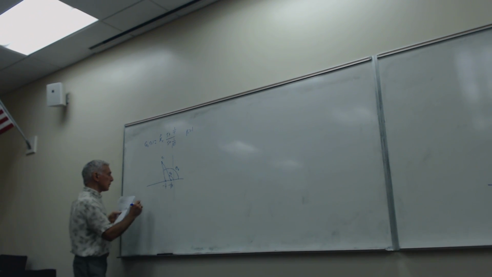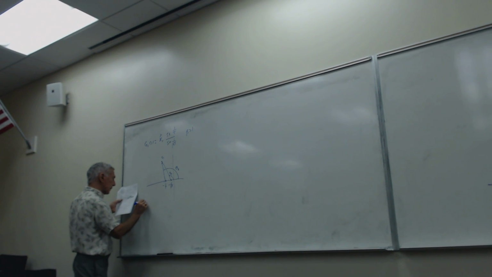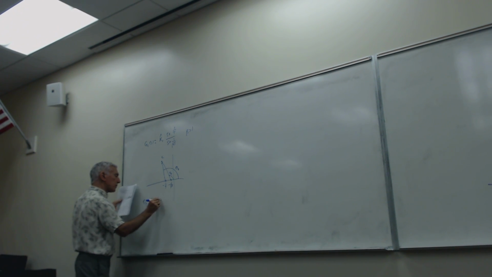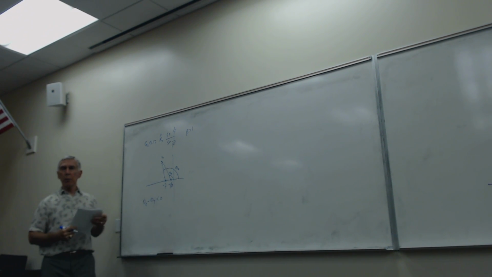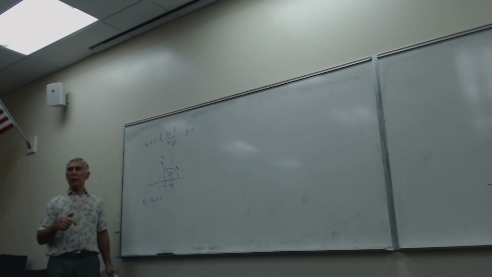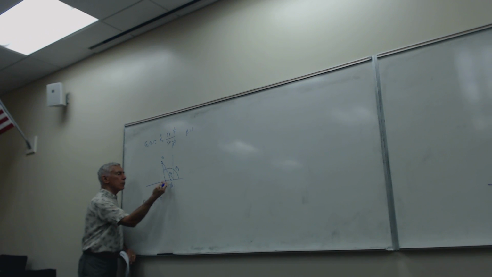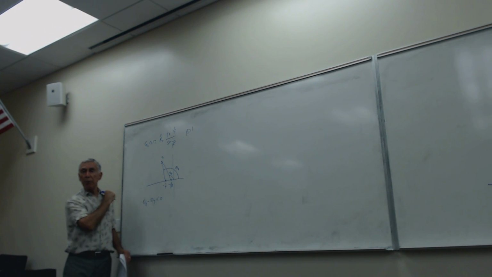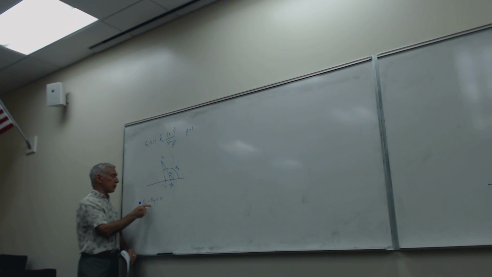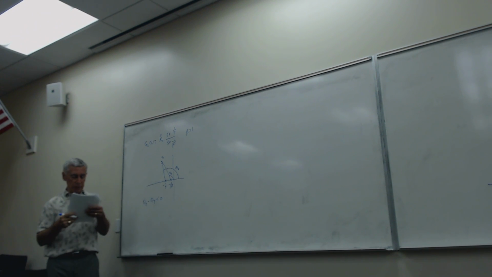So if you take the difference theta z minus theta p, it will be less than 0. Whereas for the lead compensator, we had, of course, just the opposite: the zero was to the right of the pole, and this difference was positive.